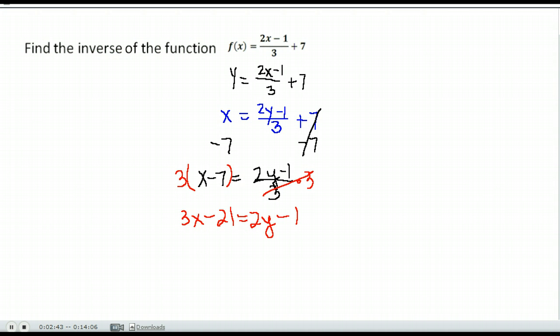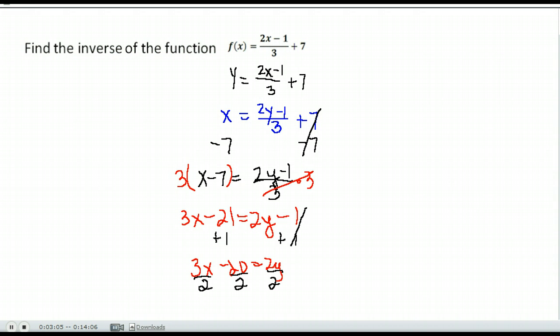I'm still working to isolate the y. So the next thing I'm going to do is add 1 to both sides. And I will have 3x minus 20 equals 2y. And my very last thing to get y by itself is to divide everything by 2.